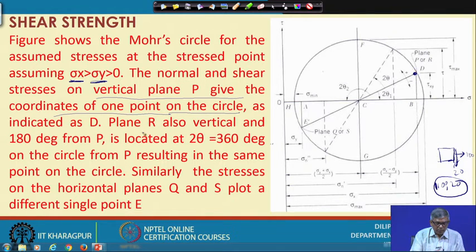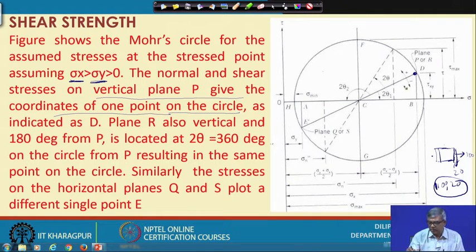Now, suppose this is P and this is Q and this is another plane R. This plane R is vertical and 180 degrees from P, that means this plane is 90 degrees and this plane will be 180 degrees, rotated by 180 degrees. Once it is on the circle, it has to be rotated twice. When the element is rotated by 180 degrees, on the circle it will be double of that, that is 360 degrees.